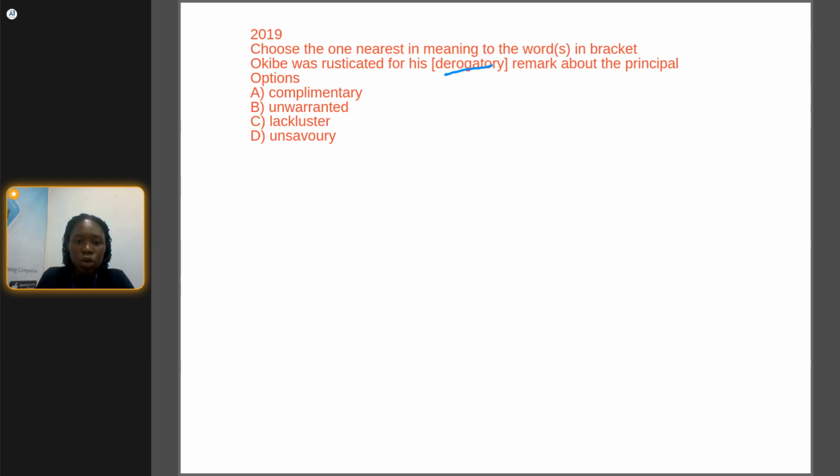In this case, we use context clue, which we did in one of our classes already. You can look at the words. You look at rusticated, you know that this is a negative meaning, and it's a remark, a derogatory remark. It means Okibe made a remark about the principal and he was rusticated for it.